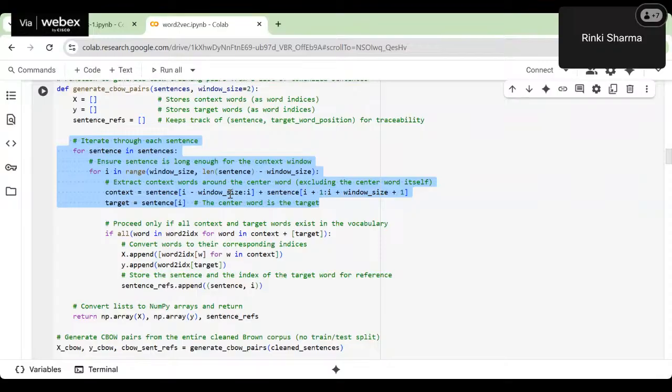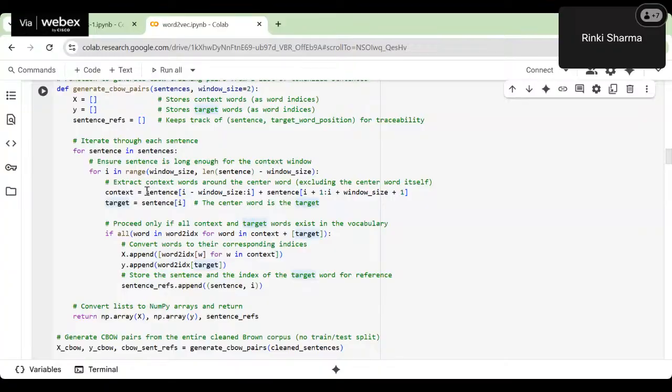We can choose any number, whatever we require for our purpose. So the context is defined as the words of the sentence at i minus window size plus the words at i plus window size. And the target is the ith word of the sentence. That is, the center is the target.